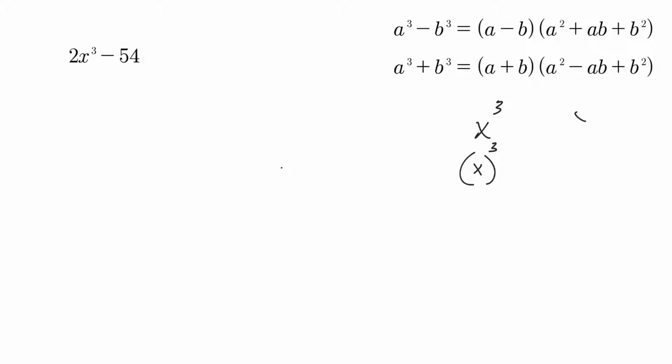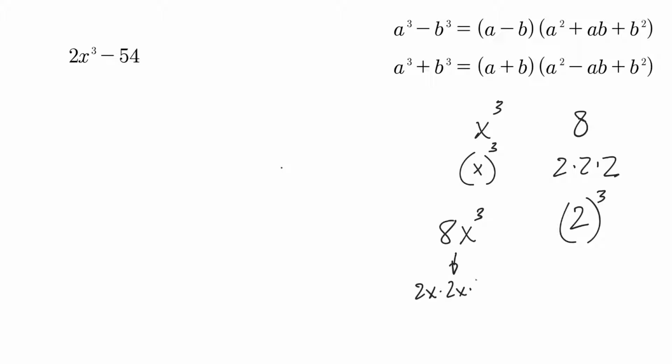But if you see a number like 8, you need to be able to recognize that that is 2 times 2 times 2, or 2 cubed. Or something like 8x cubed would be the same as 2x times 2x times 2x, or 2x all cubed.